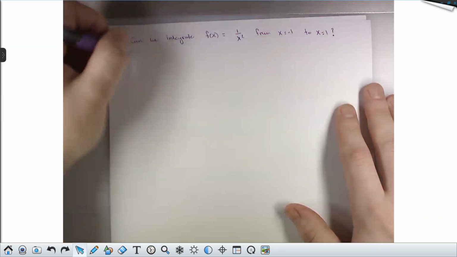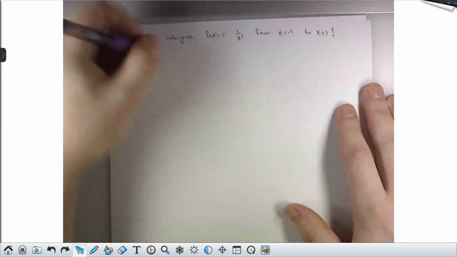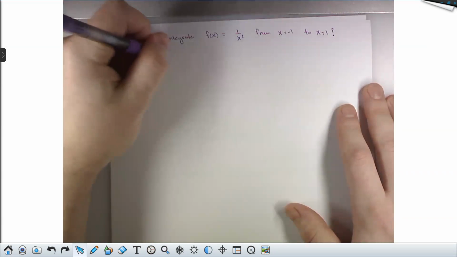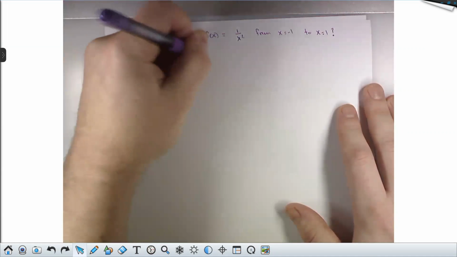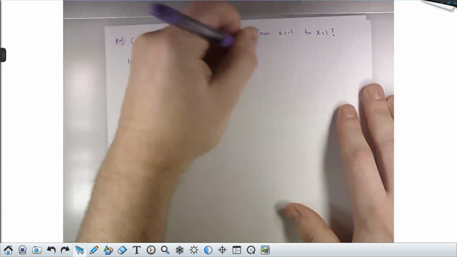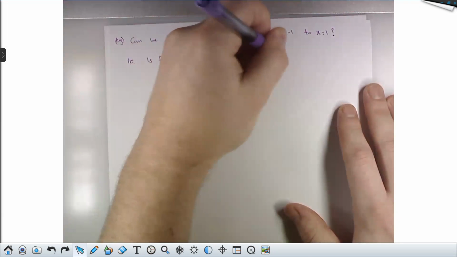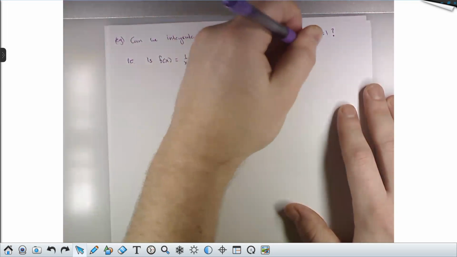In other words, and this is how you might see it phrased on a question, is f of x equals 1 over x squared integrable on the interval -1 to 1?